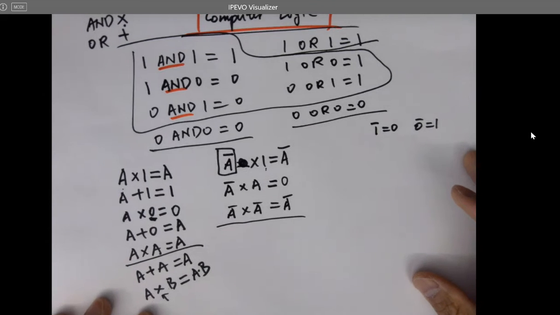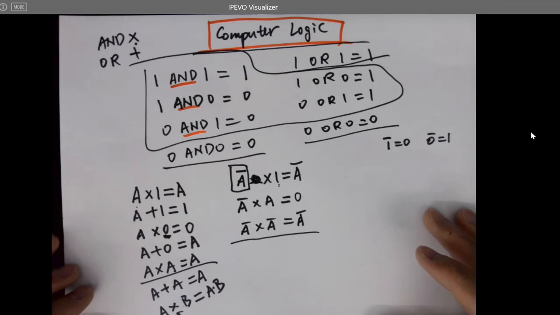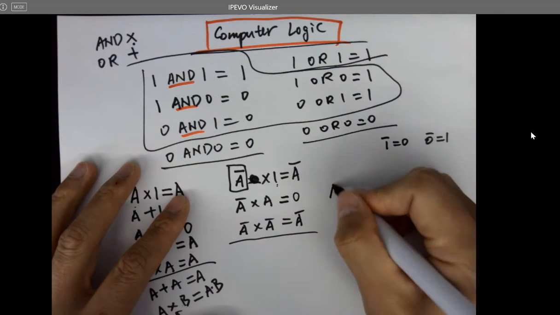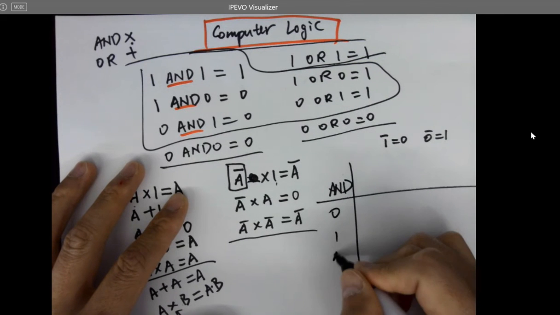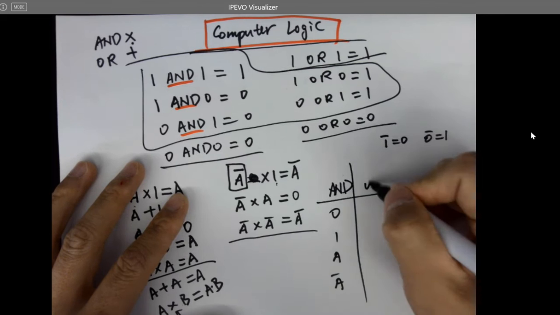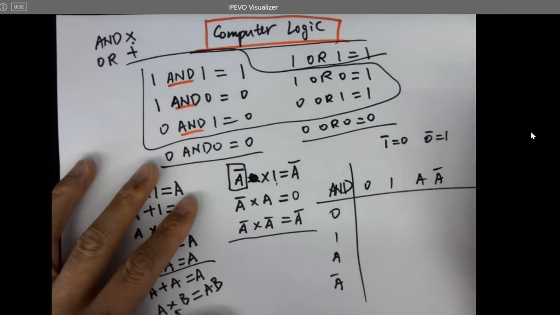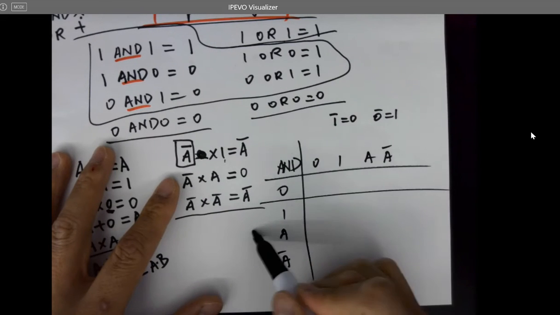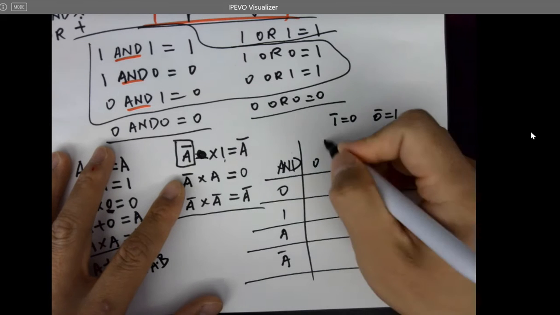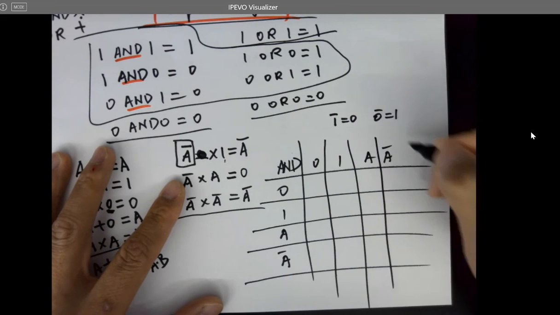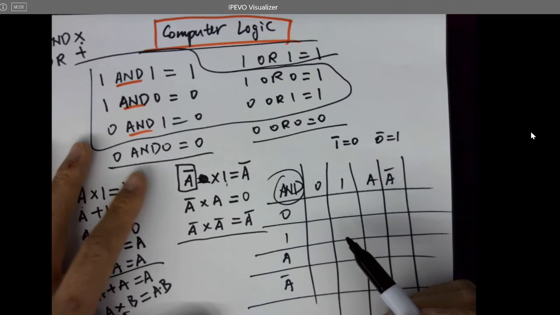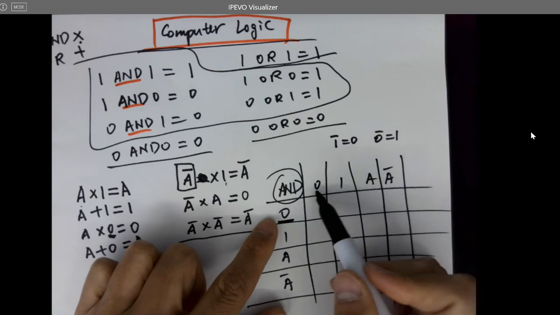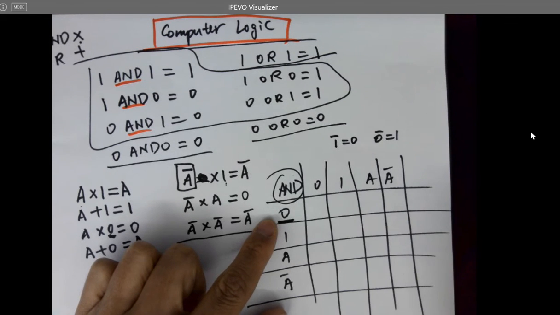So if I draw a table, should I draw a table to do that? Let's do it. So AND logic, when 0 is being ANDed with anything, it's going to kill the result.